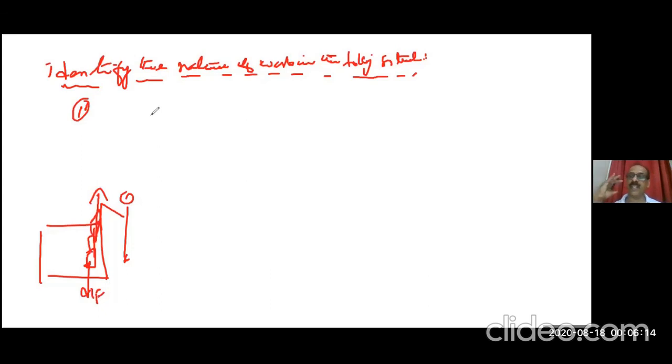So you have to explain with respect to which force, always. With respect to gravitational force downward, work done is negative, because theta is 180.